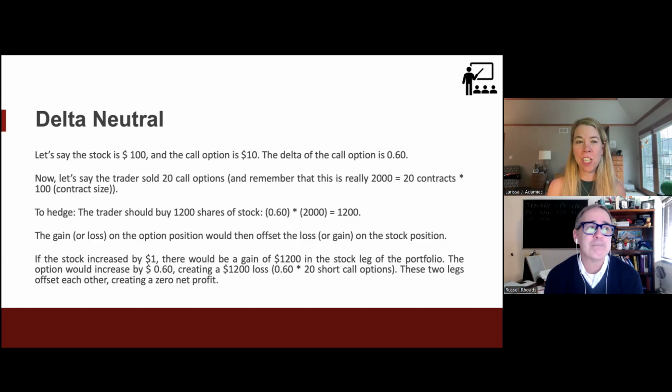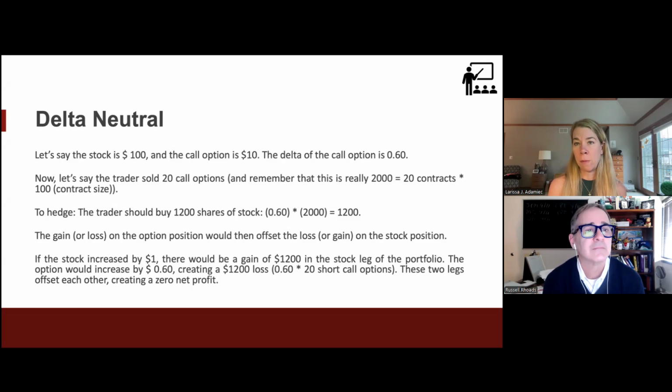If you want to be neutral against changes in the market, you could buy 1,200 shares if the delta is 0.60. That would give you a delta position of 1,200, because the 2,000 shares multiplied by 0.6 gives you 1,200. You would buy 1,200 shares because each share has a delta of 1, because the rate of change of a share with respect to itself will always be 1.